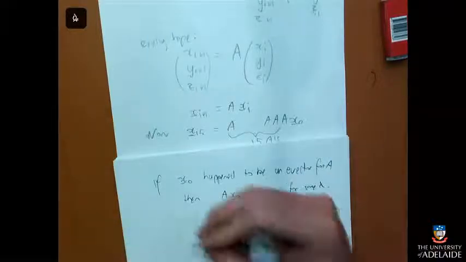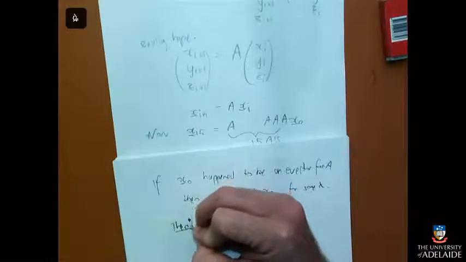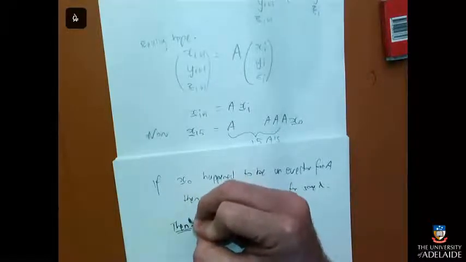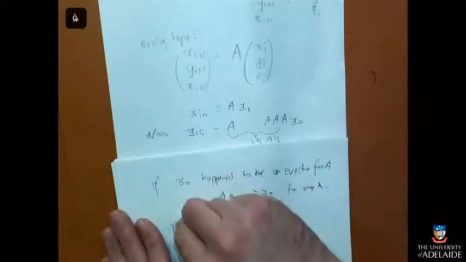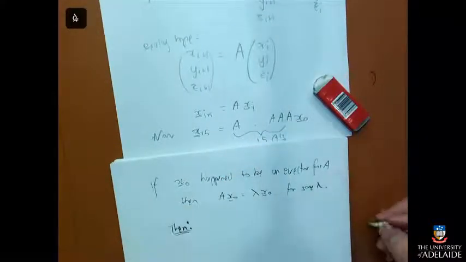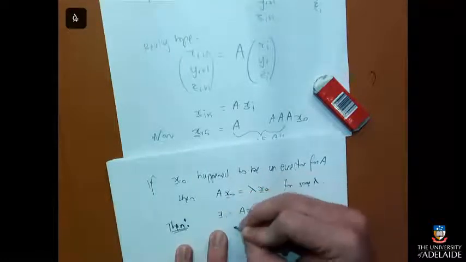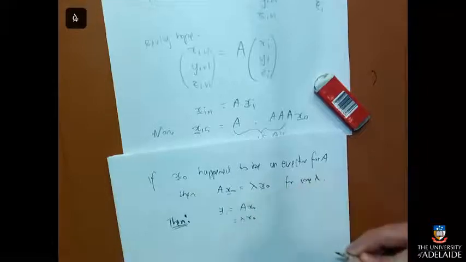And then, I'm going to do an exclamation mark in the middle of my sentence, it's bad grammar. Then, well, let's see, x1 would be A times x naught, which would be lambda x naught.